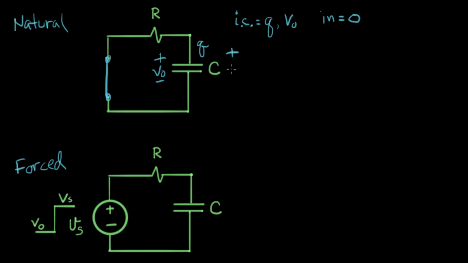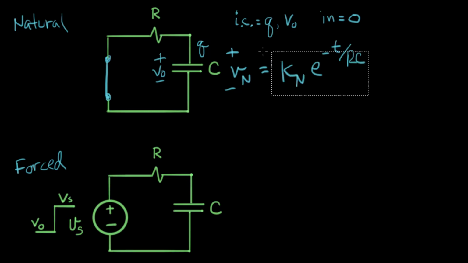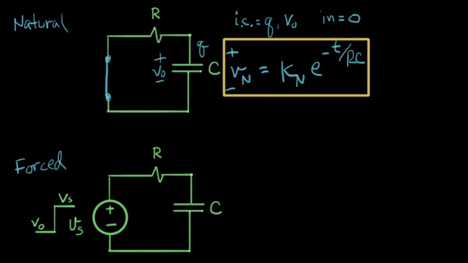This will be plus or minus, we'll call this V natural, and that equals some K natural times e to the minus t over RC. This is the natural response of an RC circuit. So I'll put a square around that so we can remember it. And I've left a constant in here, and we'll work out what this constant is a little bit later.